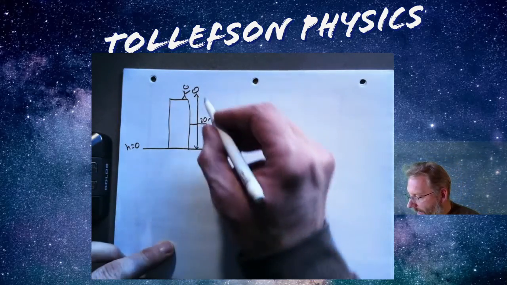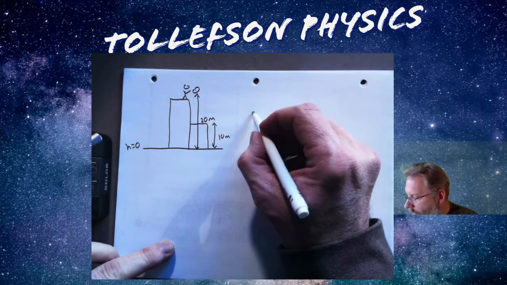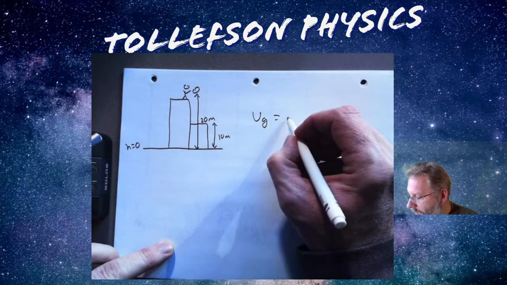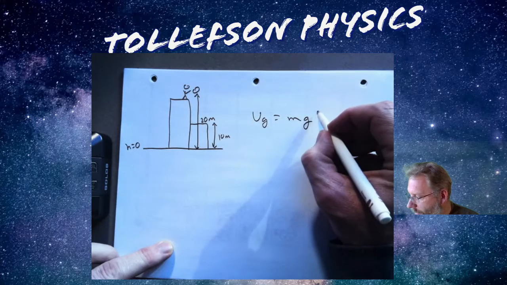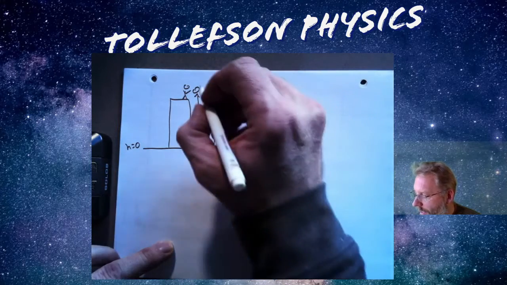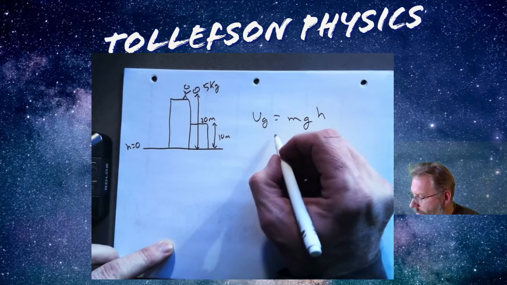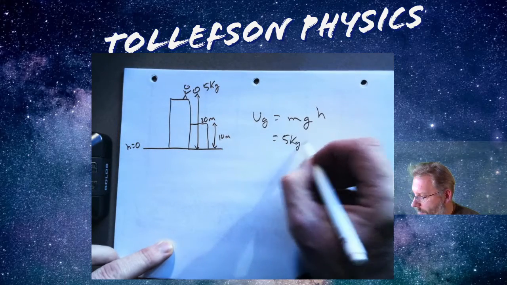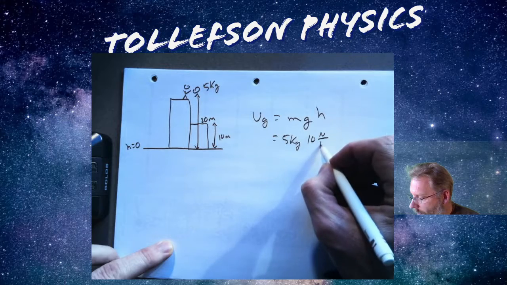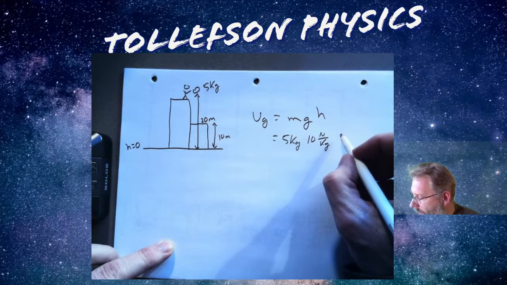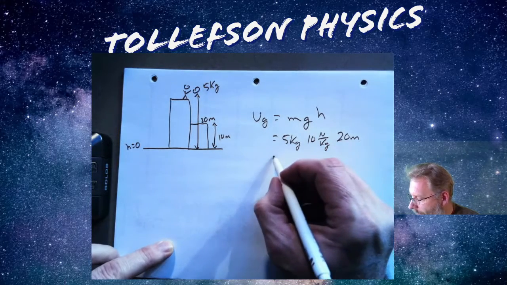So if I'm going to say the ground is 0, gravitational potential energy equals mass times the acceleration of Earth's gravity times height. Let's just make this a 5 kilogram ball. So if that's the case, 5 kilograms times 10 newtons per kilogram times 20 meters above the ground.